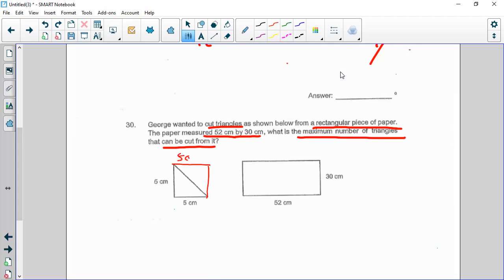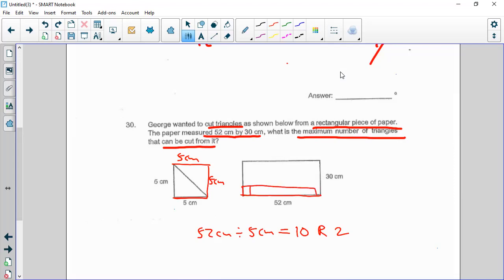Then you can find how many squares you can cut along the length of this paper. So you take 52 cm, which is the length of the paper, divide by one side of the square, and you will get 10 remainder 2. What is 10 remainder 2? It means that you can cut 10 squares, okay?